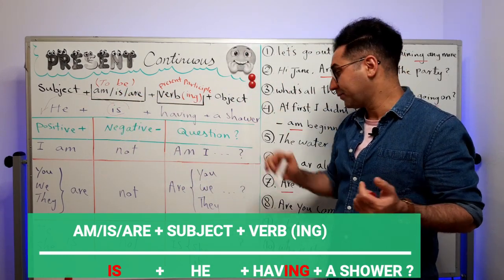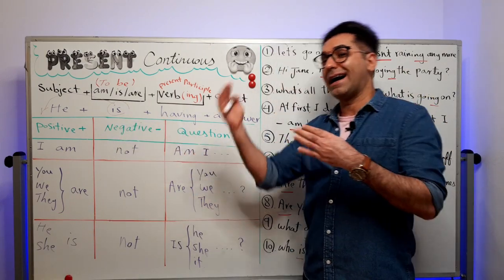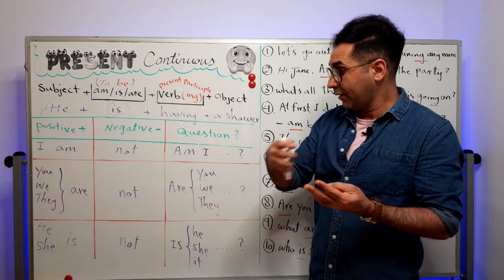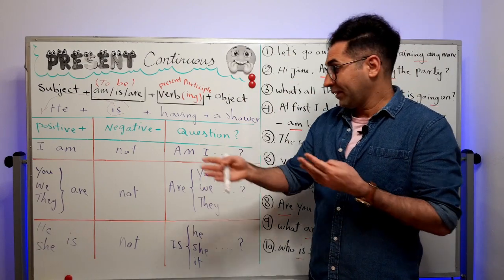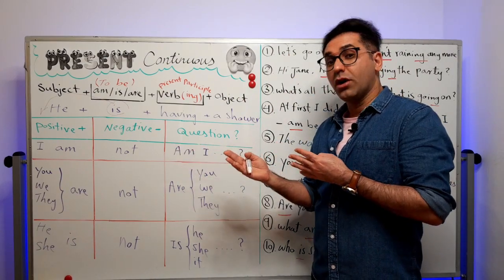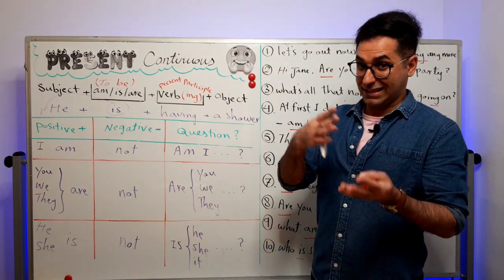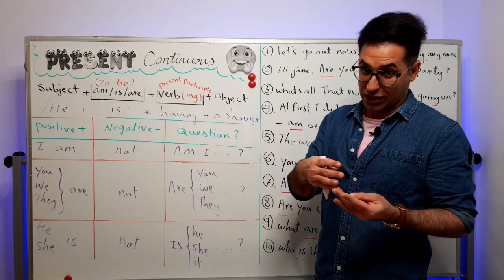So that's the question. Here, for example, I am will be changed to am I? You are will be changed to are you? We are will be changed to are we? They are will be changed to are they? He is will be changed to is he? And she is will be changed to is she?